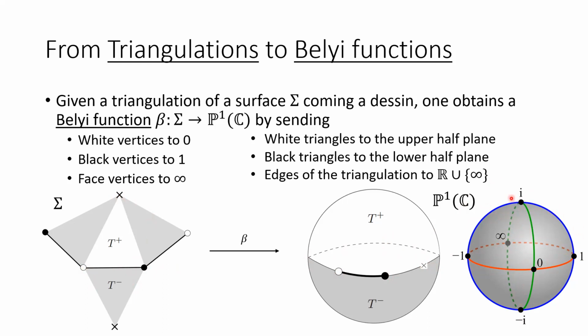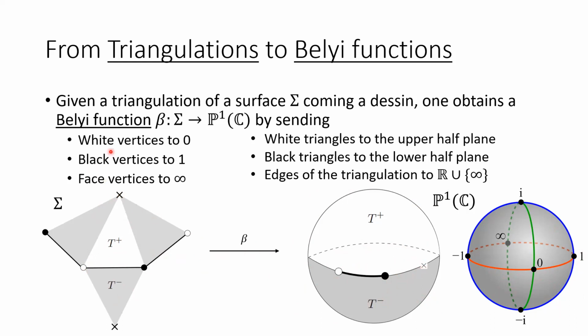So the upper hemisphere of the Riemann sphere is the upper half plane, and the lower hemisphere is the lower half plane. This is a picture of how I'm sending my white triangles to the upper half plane and my black triangles to the lower half plane, and sending the edges of the triangulation to the real line union infinity.